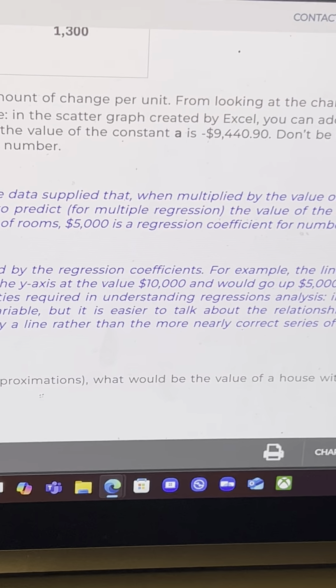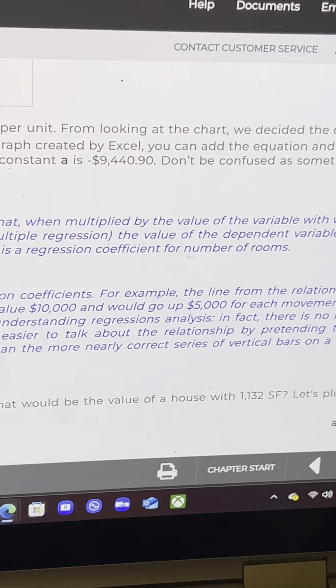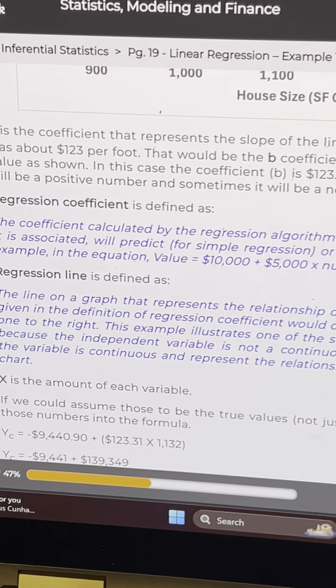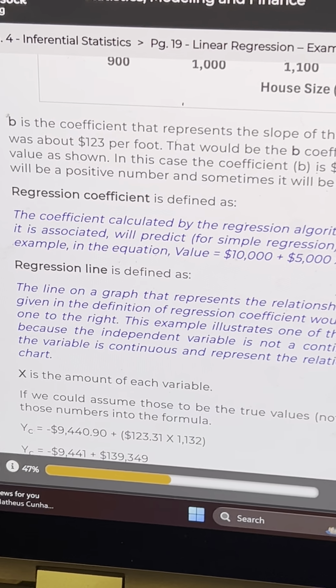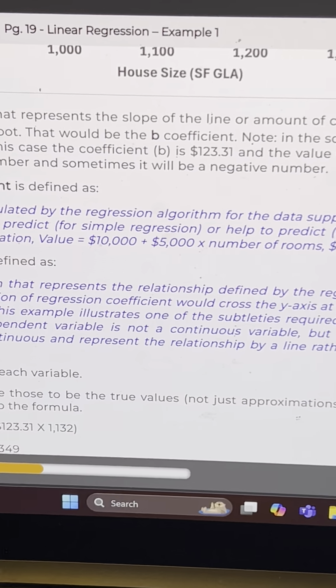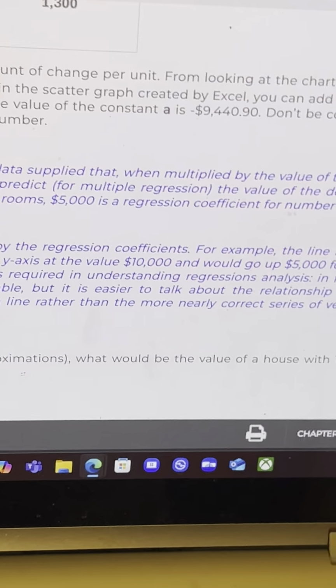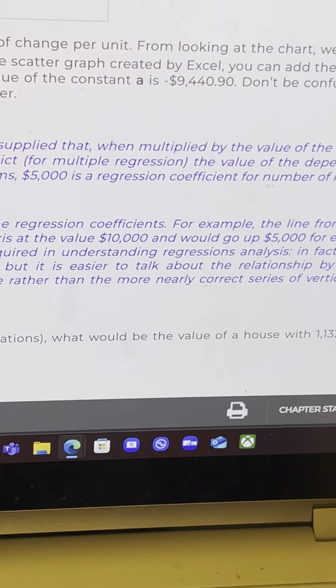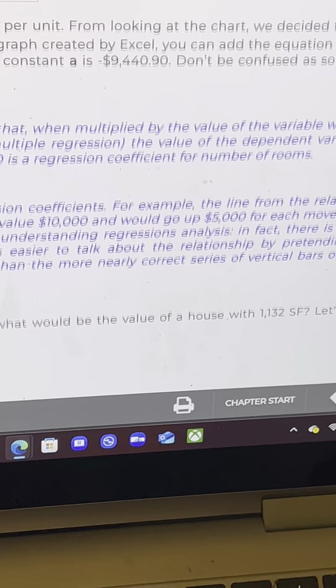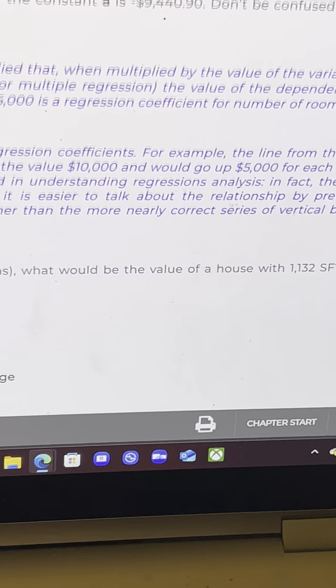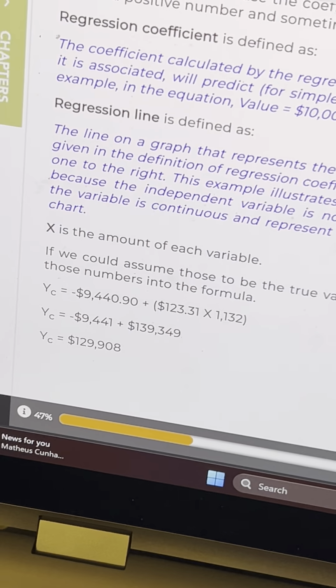But it is easier to talk about the relationship by pretending that the variable is continuous and represent the relationship by a line rather than the more nearly correct series of vertical bars on a bar chart.